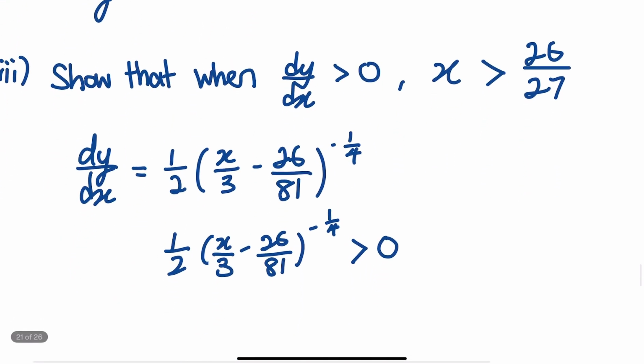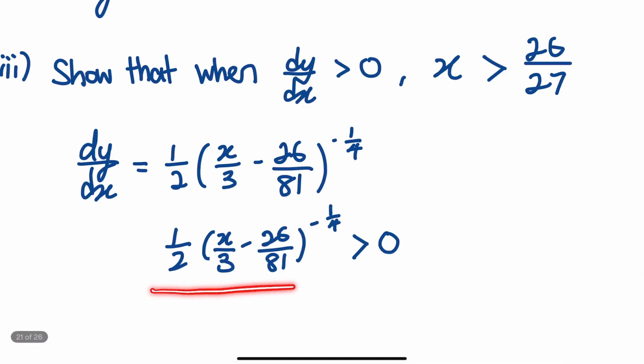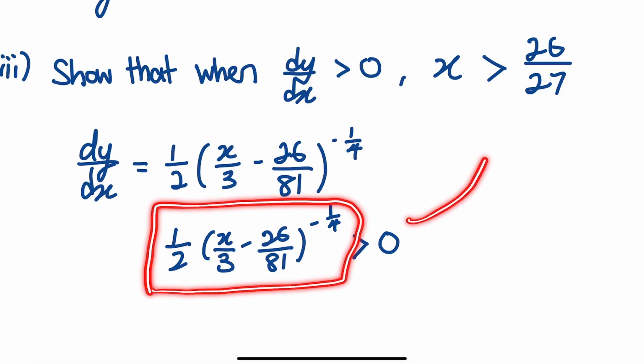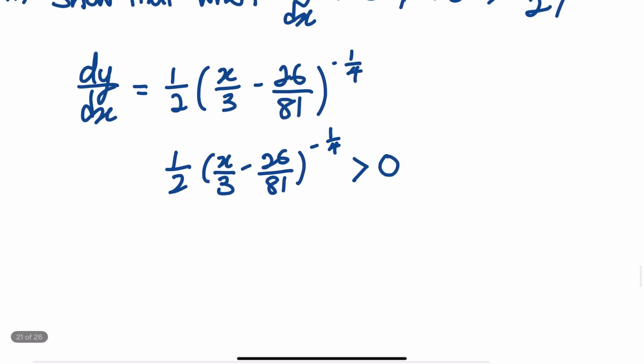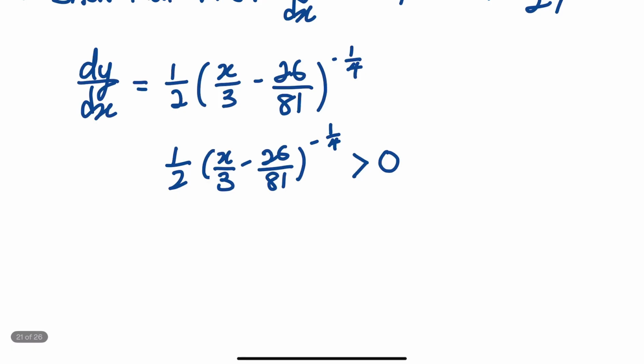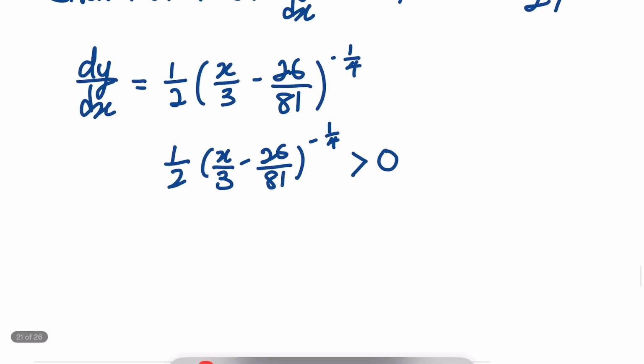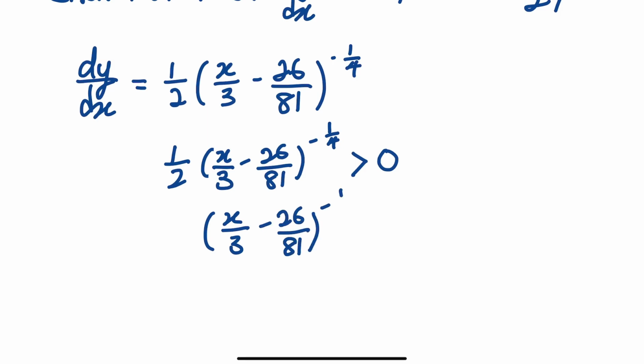The question says, show that when this expression here is greater than 0, I can get this. So very simply, we just need to simplify this inequality. To get rid of the half, I will multiply 2 on both sides of this inequality. So this will be x over 3 minus 26 over 81, to the power negative 1 over 4, greater than 0.